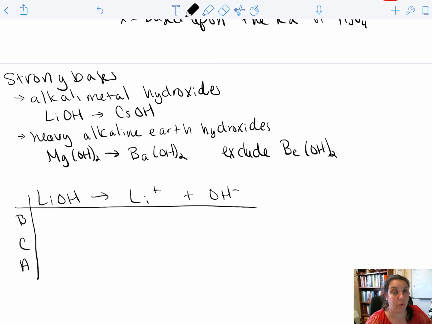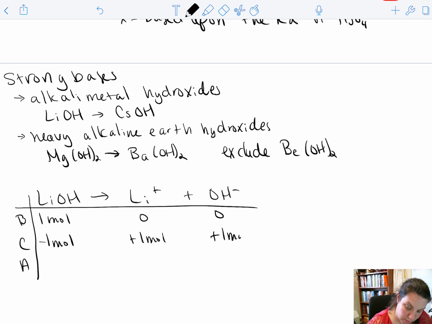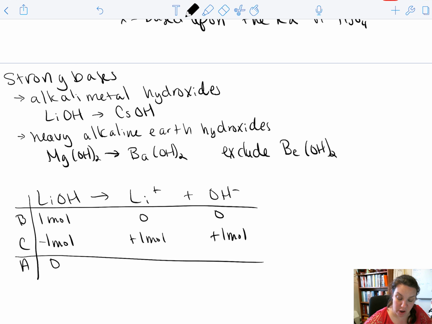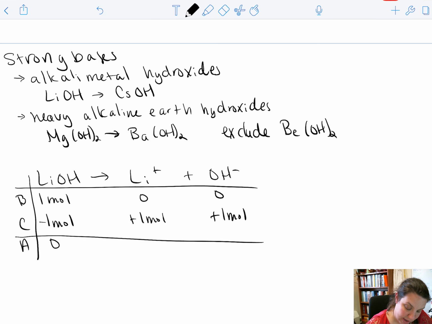An equilibrium arrow, we have to use an ICE table. So if we start out with 1 mole here, then we will completely dissociate lithium. And at the end, we'll have 0 moles of our undissociated lithium hydroxide, and we'll have 1 mole of lithium ions, 1 mole of hydroxide ions.